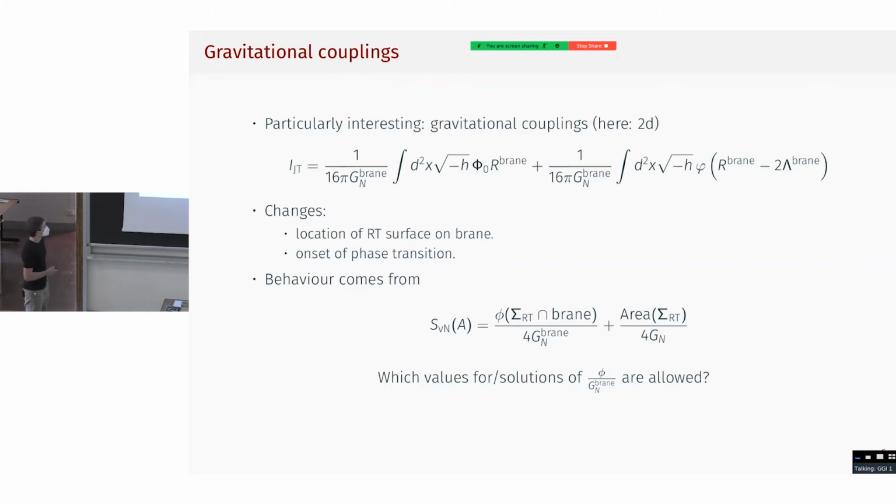Now, it's fairly easy to understand this if you know the following fact: in the presence of those additional contributions on the brane, the generalized entropy is not only computed by an extremal area in the bulk, but if the RT surface connects to the brane, there's an additional contribution, which is, in that case, the dilaton evaluated at the intersection of my RT surface and the brane. And of course, the RT prescription now is to extremize this whole thing.